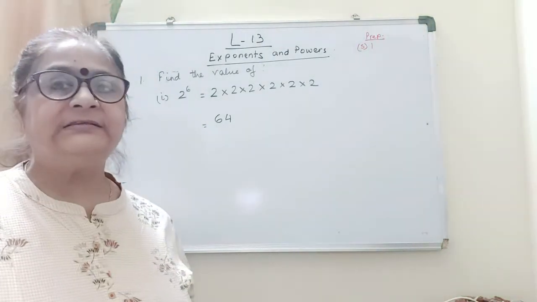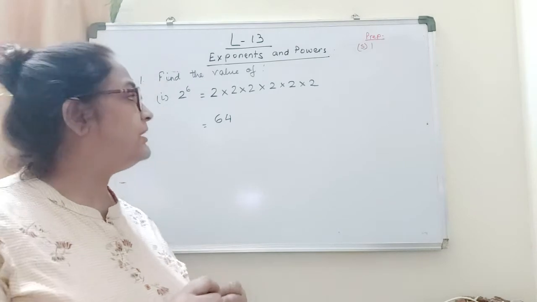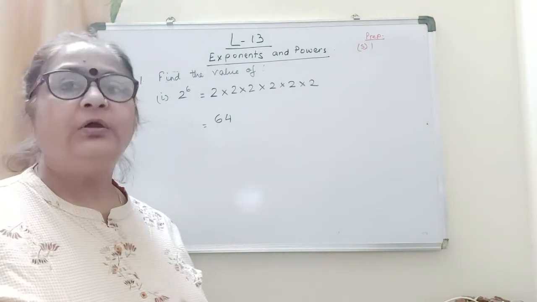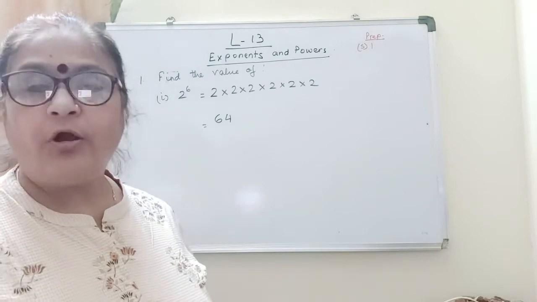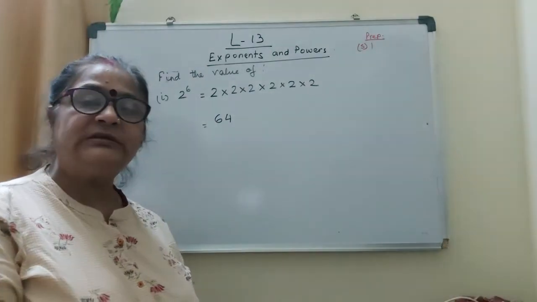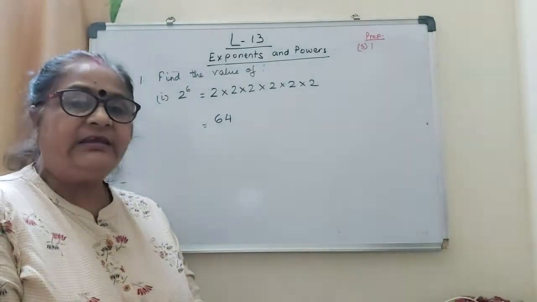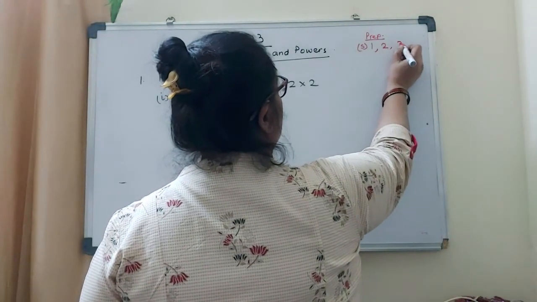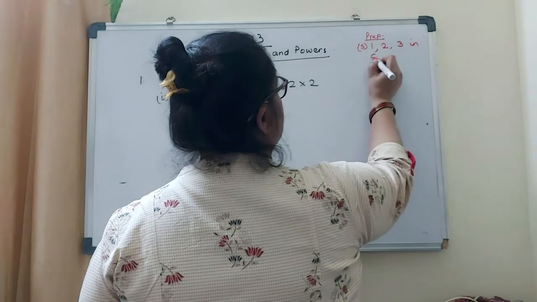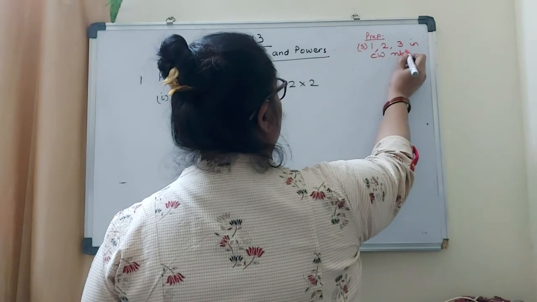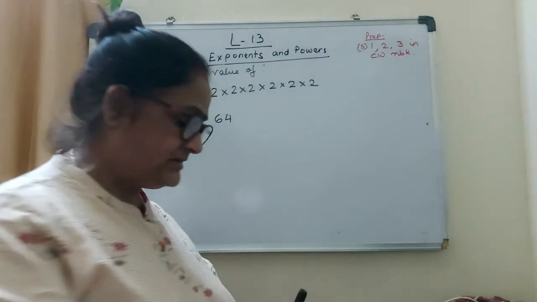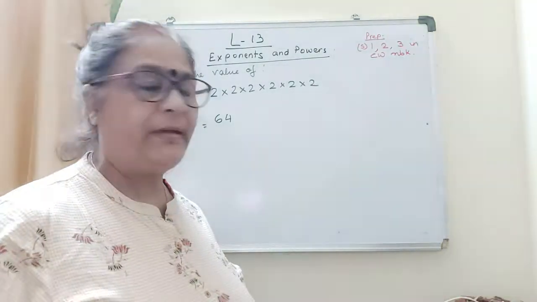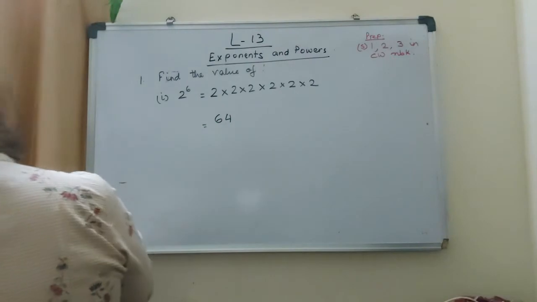Sum number 1, 2 and 3, all these sums, you are going to do in your classwork book very neatly. Sum 1, 2, 3 in CW notebook. Okay, that is your prep. Do number 1 in a proper manner. Right, next one.